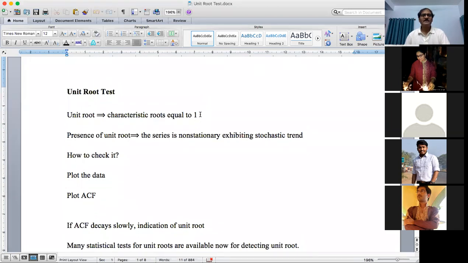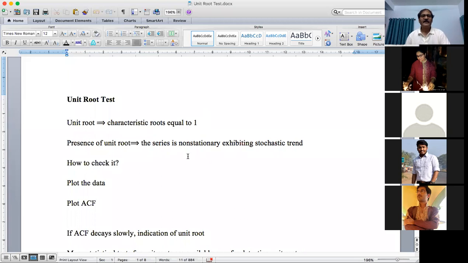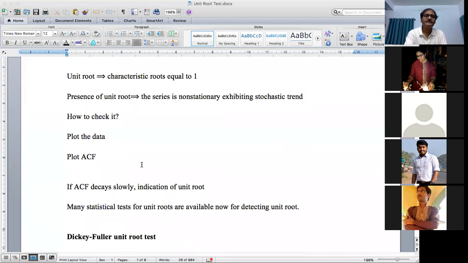So unit root means, as I have already mentioned, the characteristic root is equal to 1. And the presence of unit root implies the series is non-stationary, exhibiting stochastic trend. The question is how to check it. The initial part of checking whether a series contains unit root or not is just to plot the data.